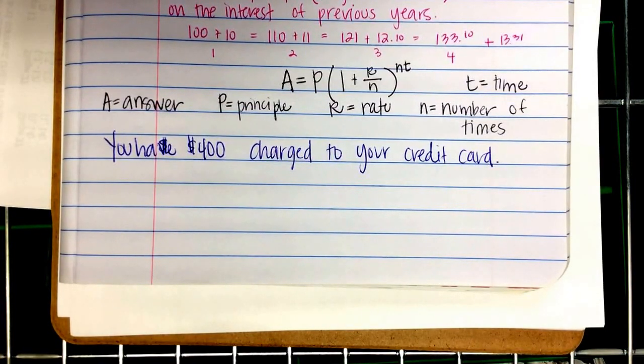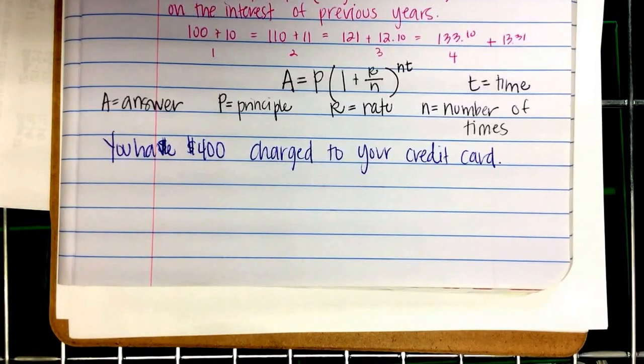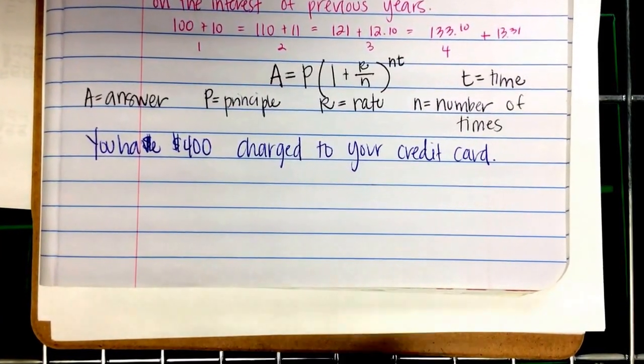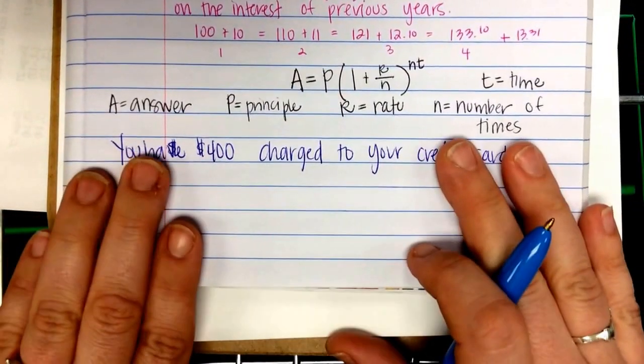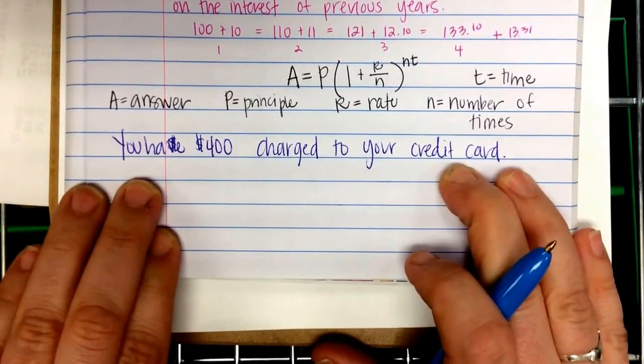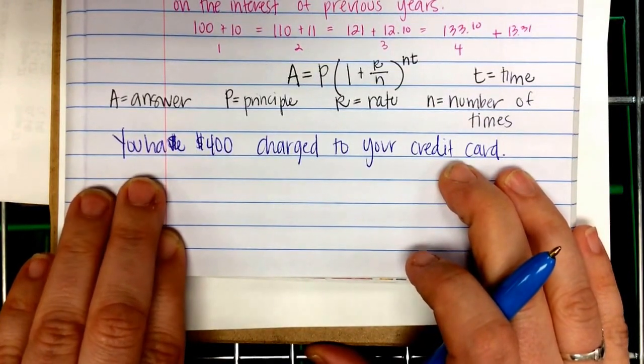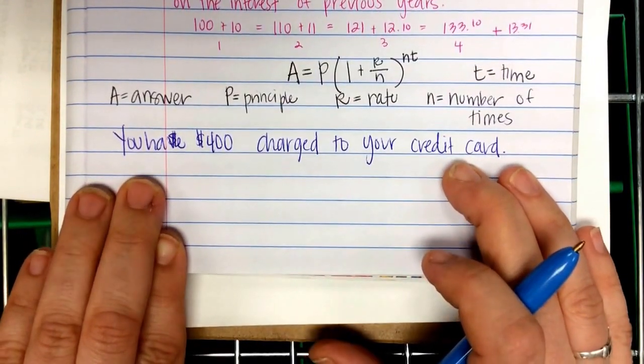I mean, lots of people's credit card bills are way over this. So $400, it's not a huge amount. But you decide at this moment, you know what? I can't do it anymore. I'm not going to put any more money on this credit card. I don't want to get stuck.